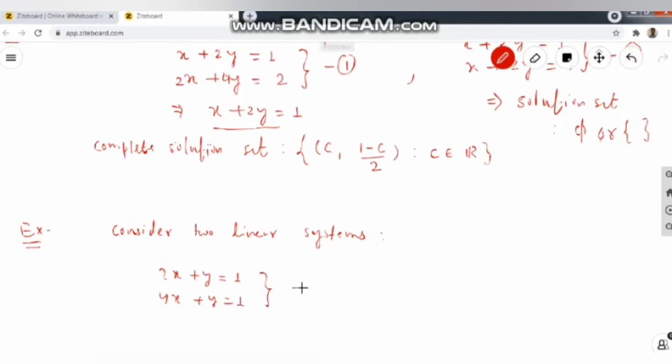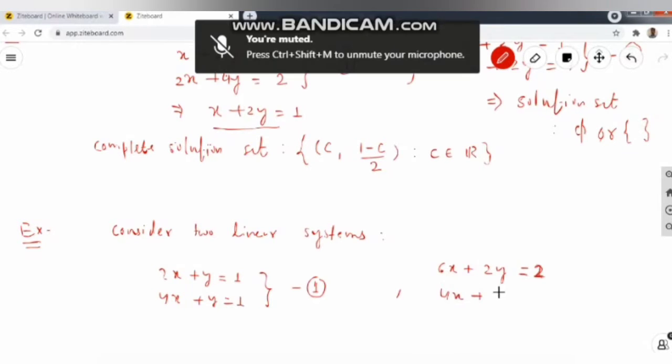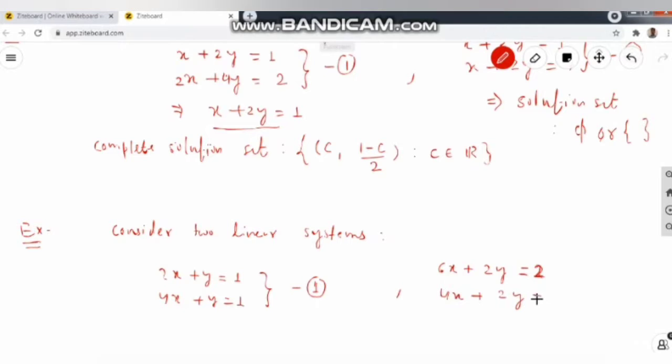This is one linear system of equations. And another linear system of equations is 6x plus 2y is equal to 2, and 4x plus 2y is equal to 2.